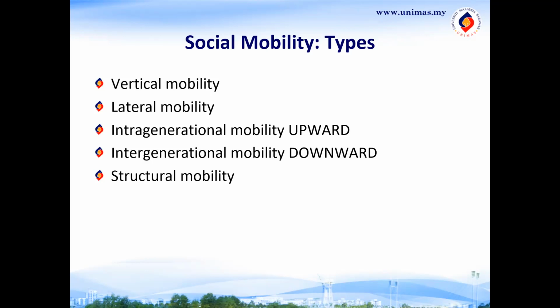I'll explain more on this later on. Yeah, and then the other one is intergenerational mobility, in other words, between generations, going downward. Yeah, and structural mobility. So these are some of the types of social mobility.